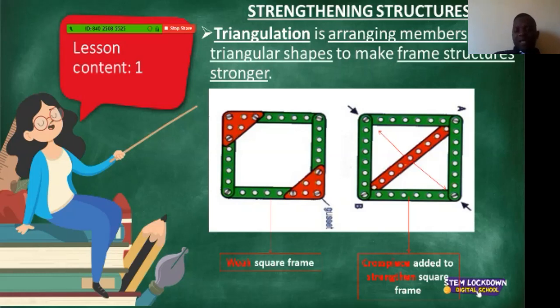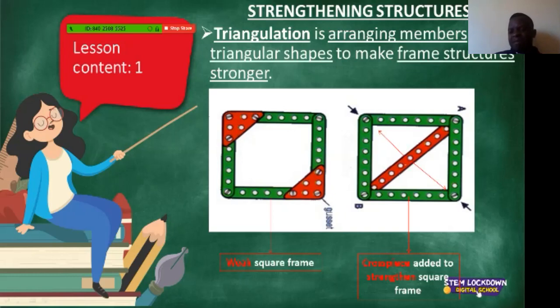So let's have a look at these two examples. The first structure here is an example of a weak square frame. If you squash that square frame, which means that you are compressing it, remember, compression is a force when you're pushing things against each other. If you compress the two sides of this square frame, you will find that it will be easier for it to break or to topple over, and you will have another shape changing from the square.